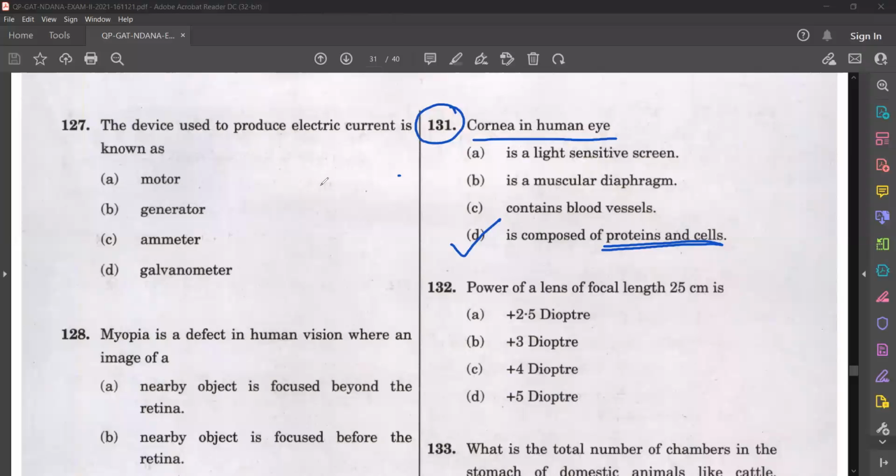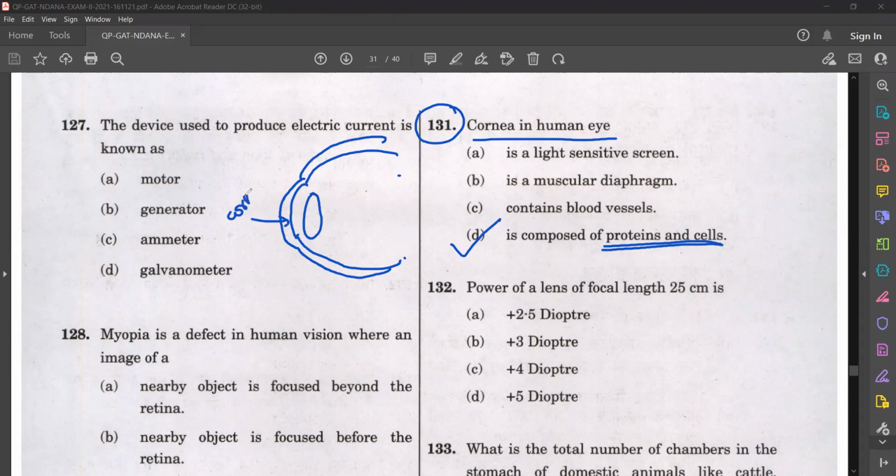We all know what the basic structure of the eye looks like. Here we have a lens. This is the cornea, isn't it? Then this is the lens. Here we have the retina.